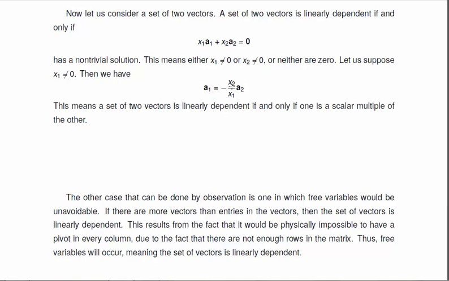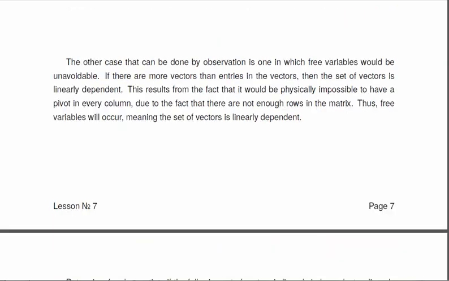I get a1 is equal to minus x2 over x1 times a2. So two vectors are linearly dependent if and only if one of them is a scalar multiple of the other. So I should be able to multiply the first one by a scalar to get the second one for them to be dependent.